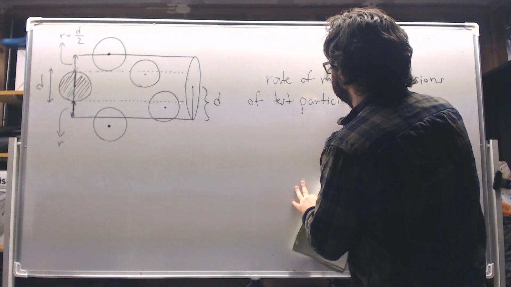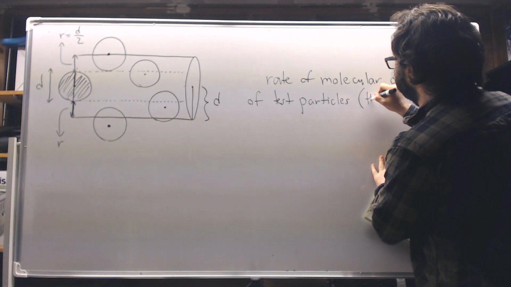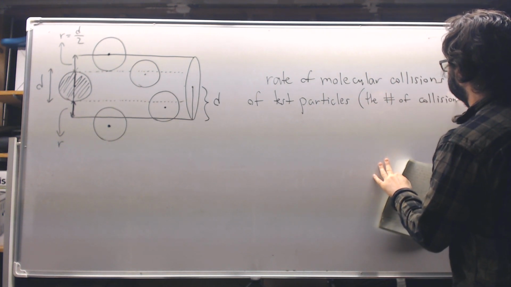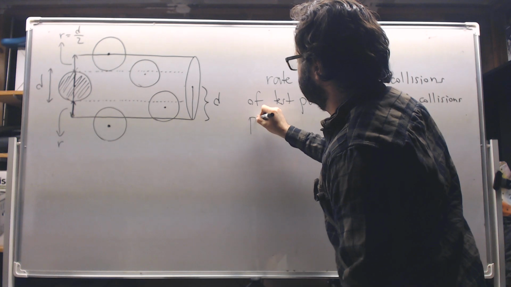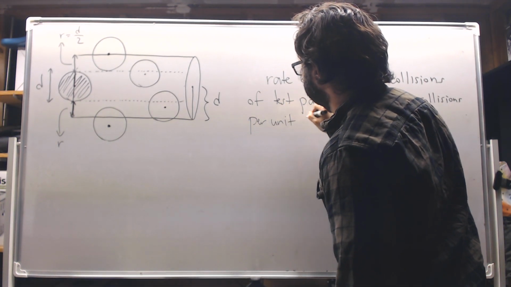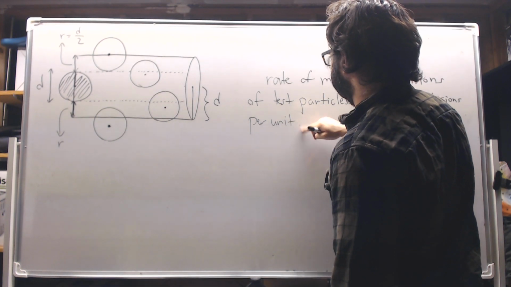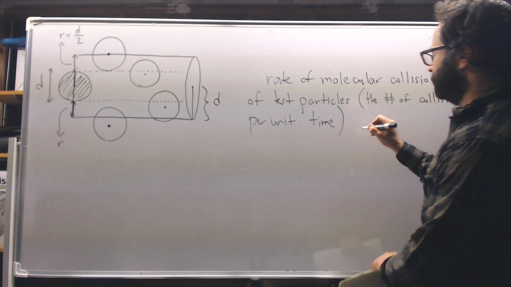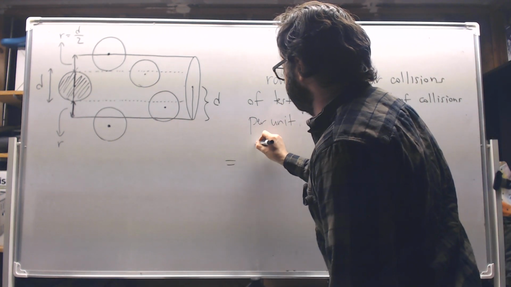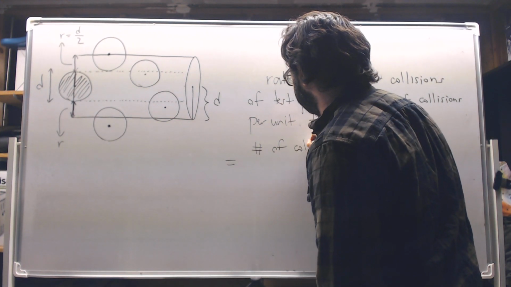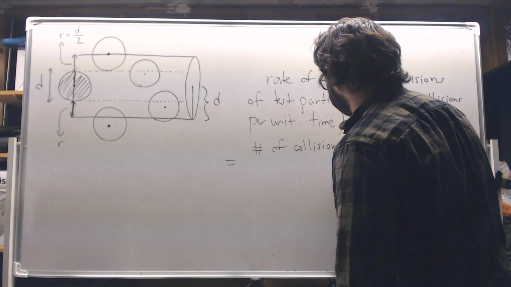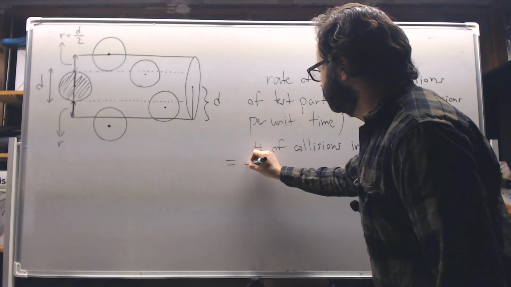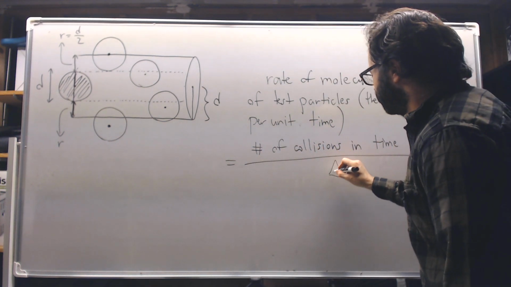In other words, the number of collisions per unit time is equal to the number of collisions in time delta t divided by the interval of time delta t.